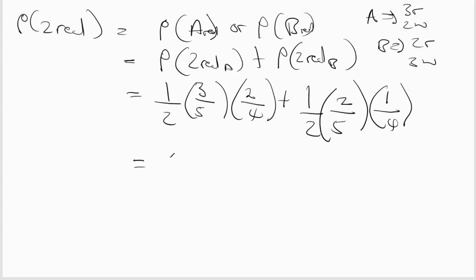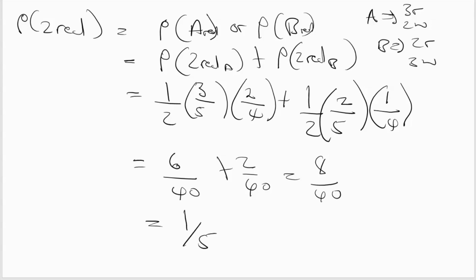So this simplifies to 6/40 plus 2/40, which equals 8/40. We can write this in simplest form as 1/5. Right, so that's the solution to the first question.